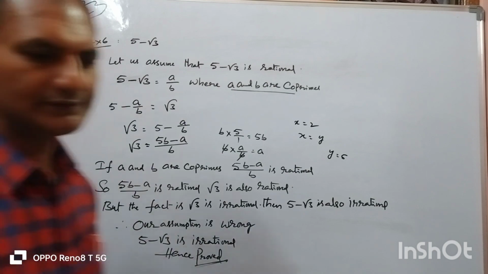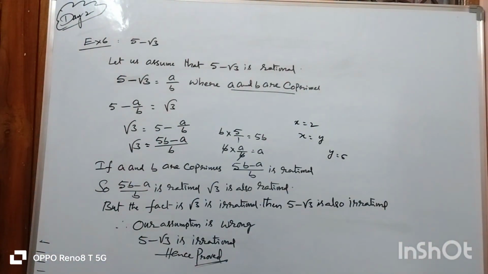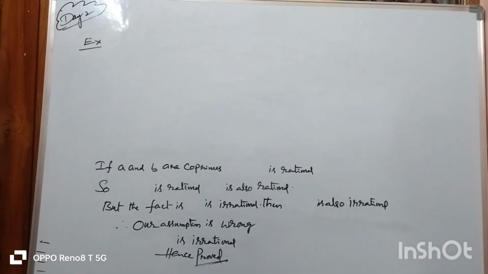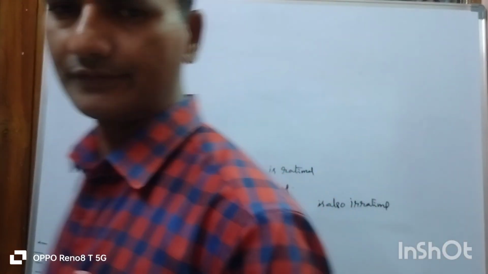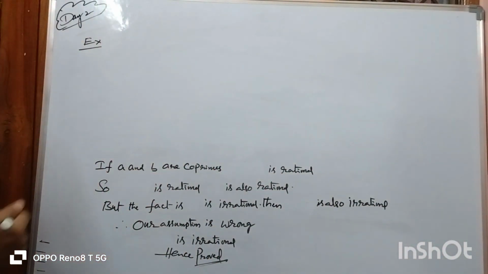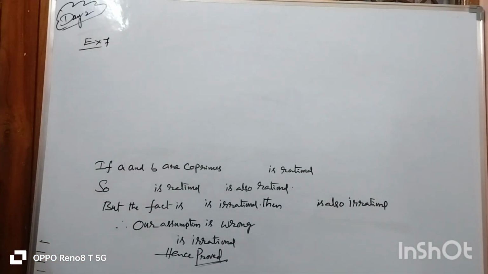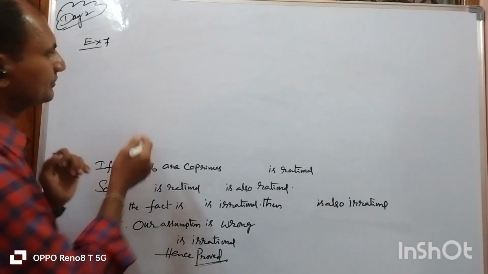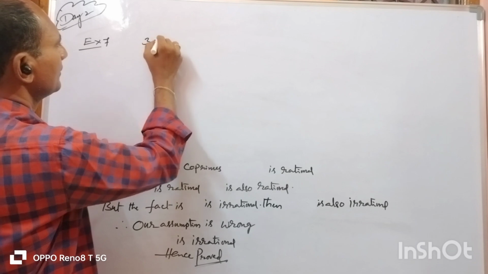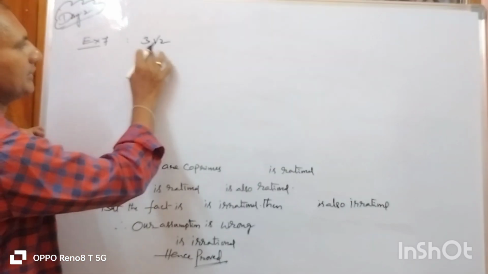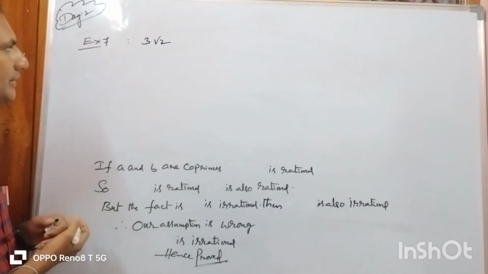Example 6. Next question, Example 7. What do we have to prove next? 3 root 2 is irrational. We have to prove that.